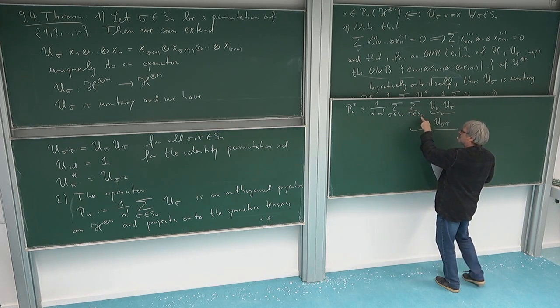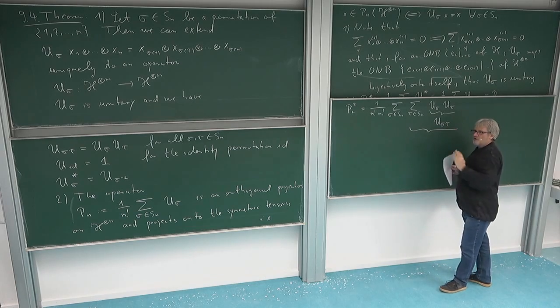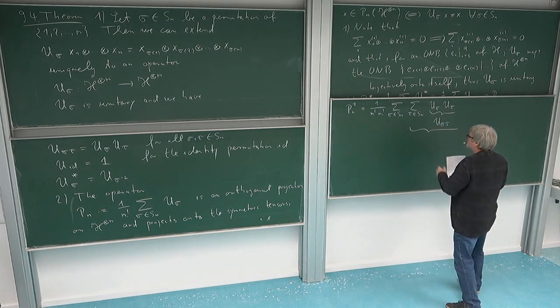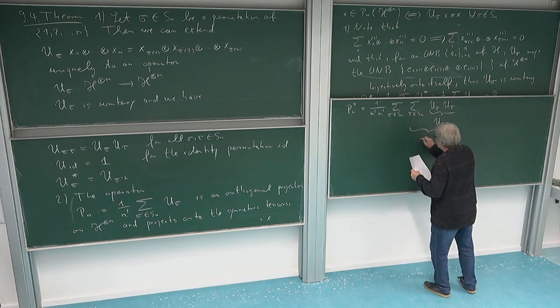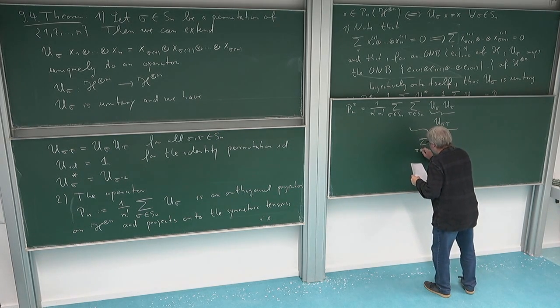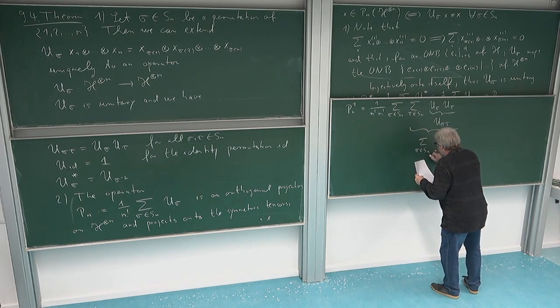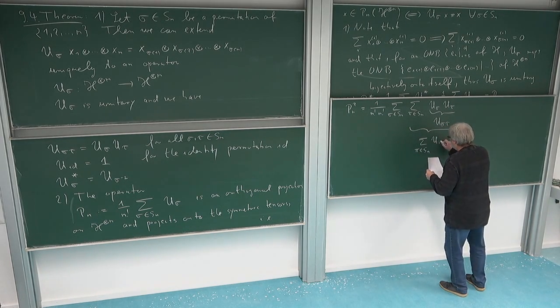But if tau is running through the permutation group, then sigma tau for any fixed sigma is also just running through all the elements of the permutation group. So in this sum, I'm just summing again over my permutation group, let's say pi. So maybe let me call this here just pi. I'm running over the permutation group, and I have u pi.